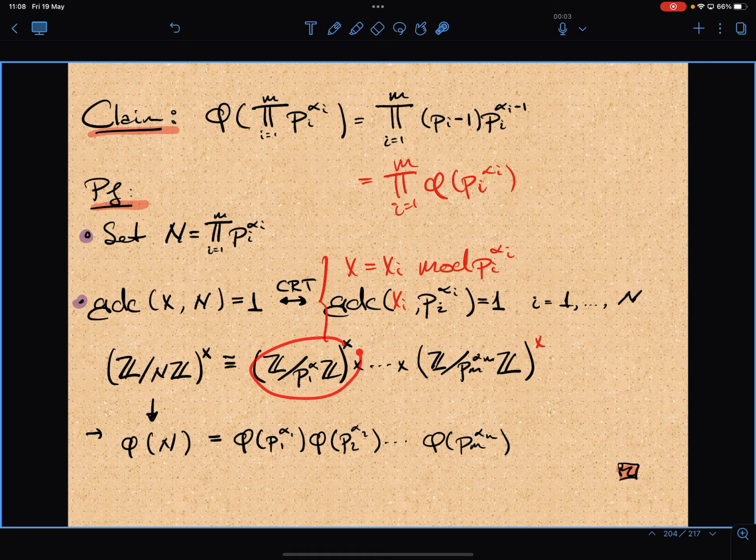So each of its components is going to be in each of these sets. And vice versa, if you have an element here where each of its components has GCD equal to 1, then by the Chinese remainder theorem you're able to map back to this group. So this set and this set are going to be equal. So that means that the size of this set and this set is going to be the same.